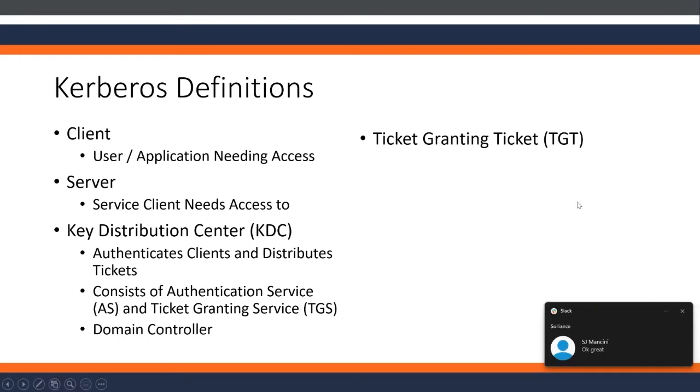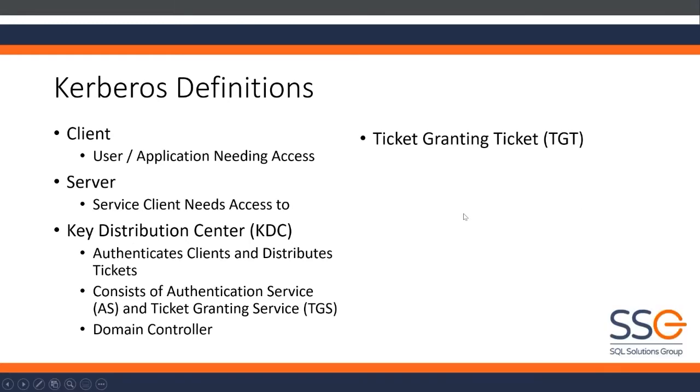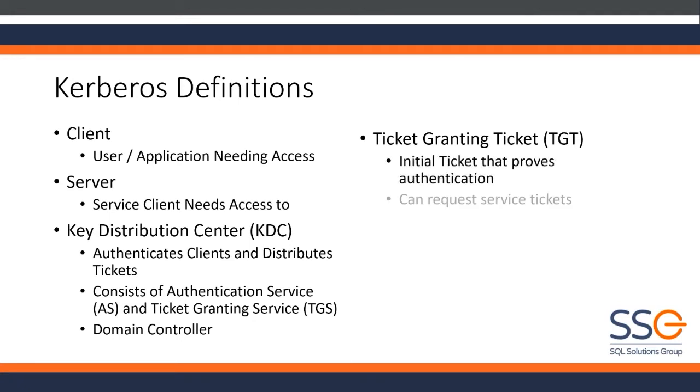All right, there is a ticket granting ticket, which is the initial ticket that you will get when you authenticate, right? So you go to the authentication service, and we have a diagram on this in a minute, and it gives you a ticket granting ticket, which you can then use to request service tickets, right? You can kind of think of this if you're familiar with public key infrastructure and how keys work.